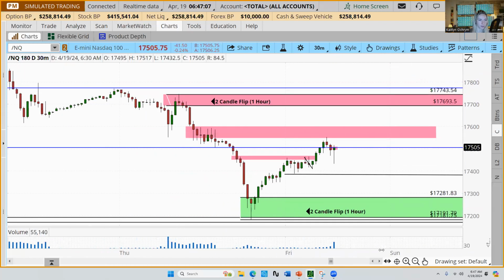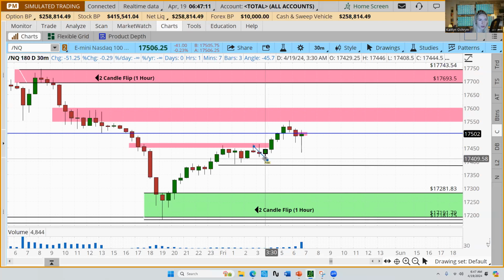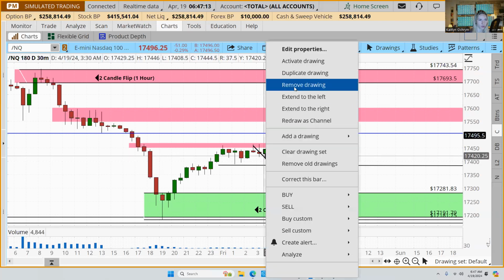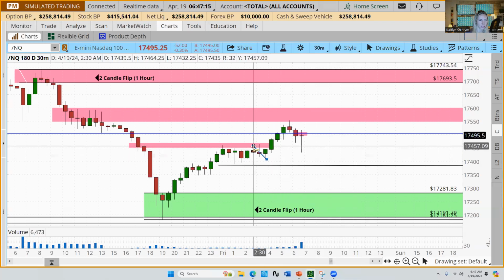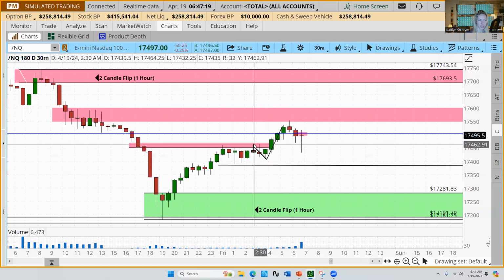Sometimes if you're on too small of a time frame and you mark your controlling breakout pivot as this right here, what's actually going on is that controlling breakout pivot is part of a larger wiki area.